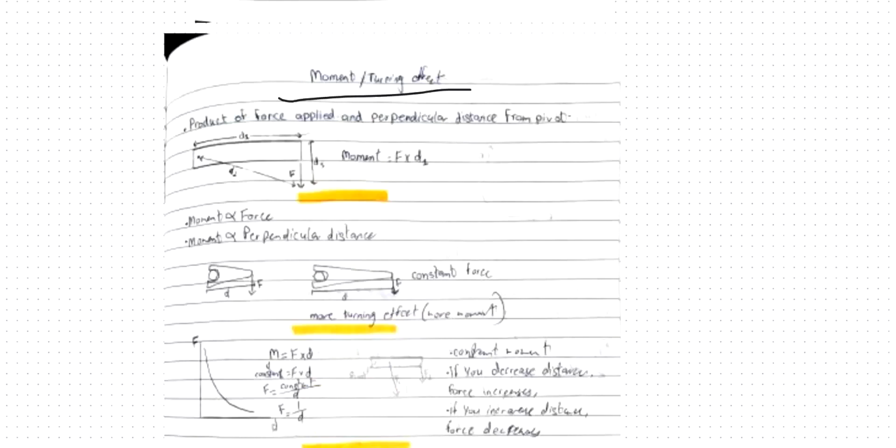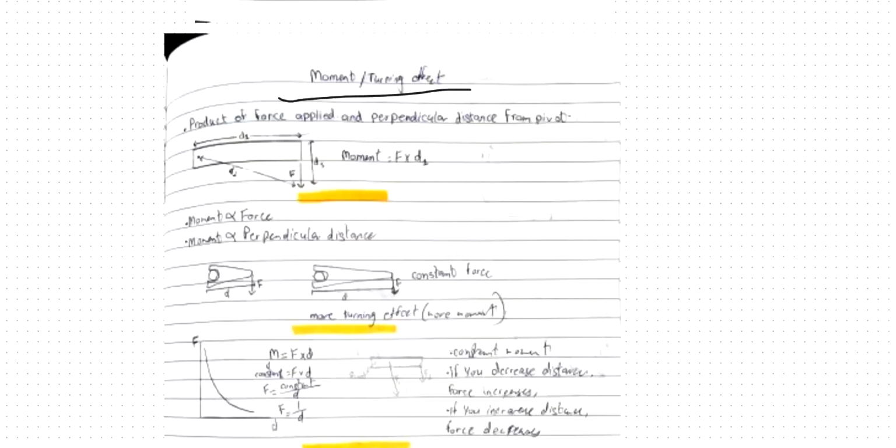Moment is very important. Usually they'll give you questions, and these moment questions would be very simple. So what is moment? Moment is the product of force applied and perpendicular distance from the pivot.